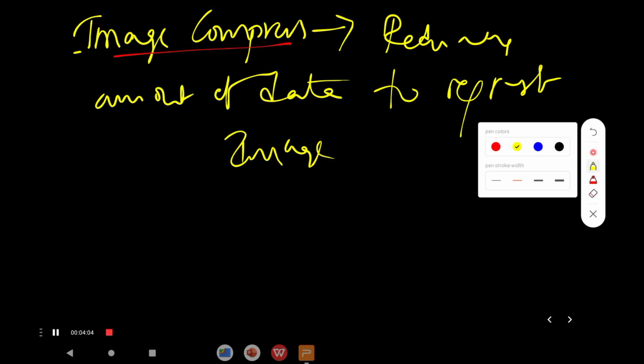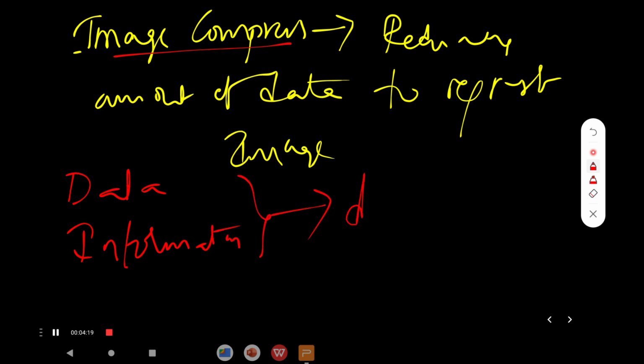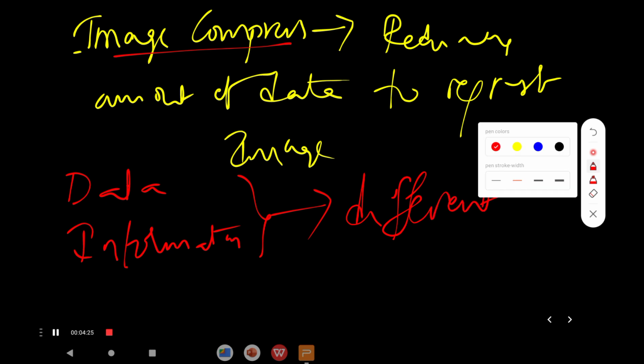Coming to some of the basic differences: data and information are both different.